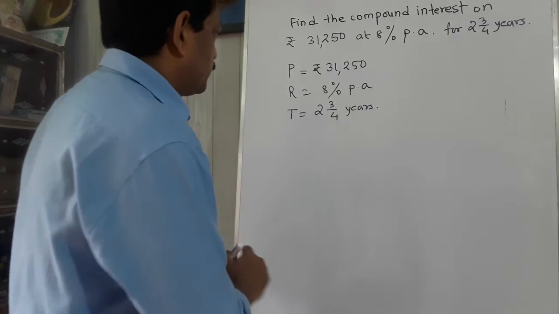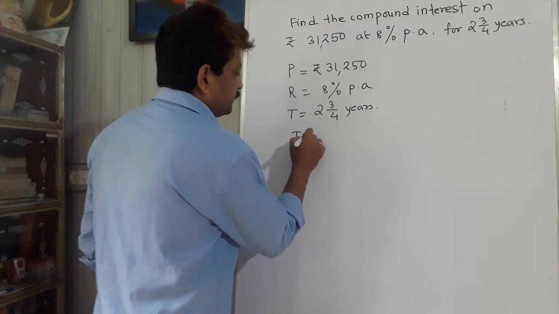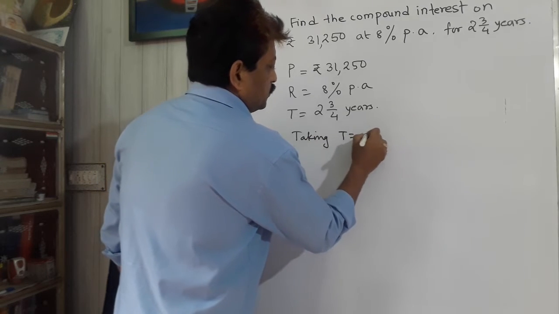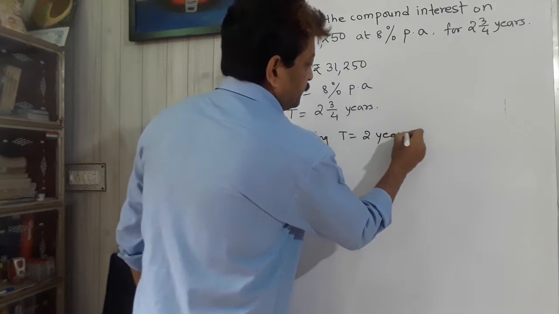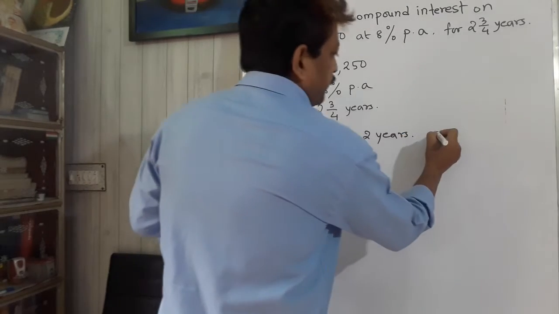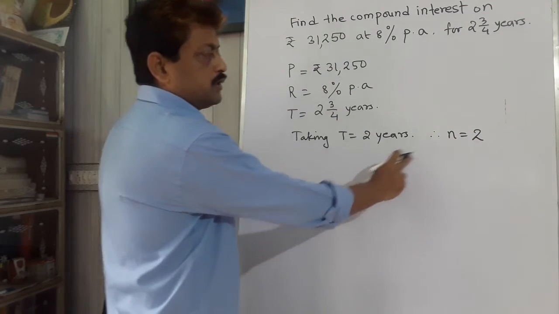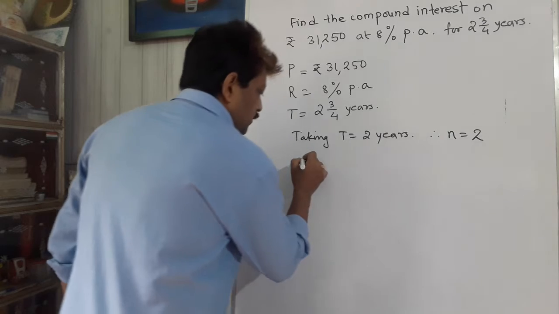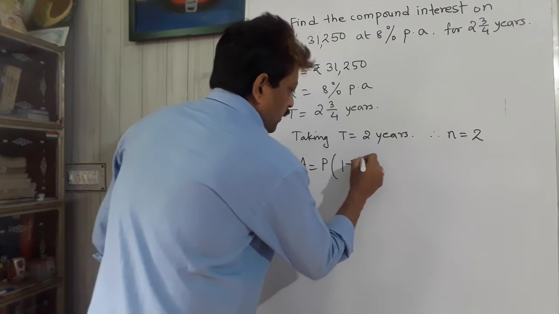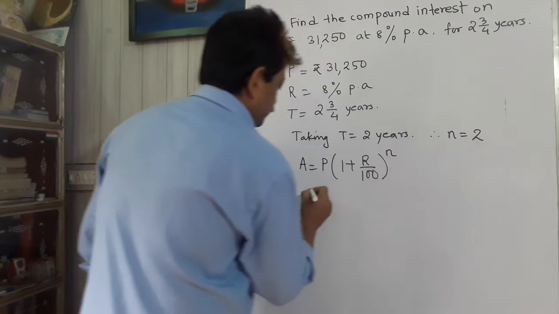Okay, so see this. First of all, taking t equals 2 years. Now since the rate of interest is calculated annually, therefore the conversion period n will be 2. When time is 2 years, n will be 2. Now amount equals P multiplied with (1 plus R upon 100) to the power n.